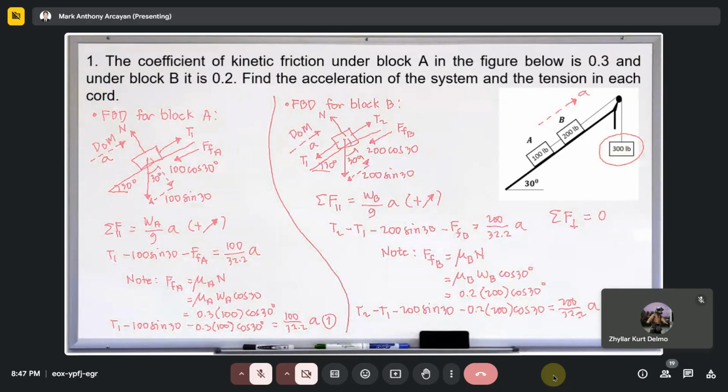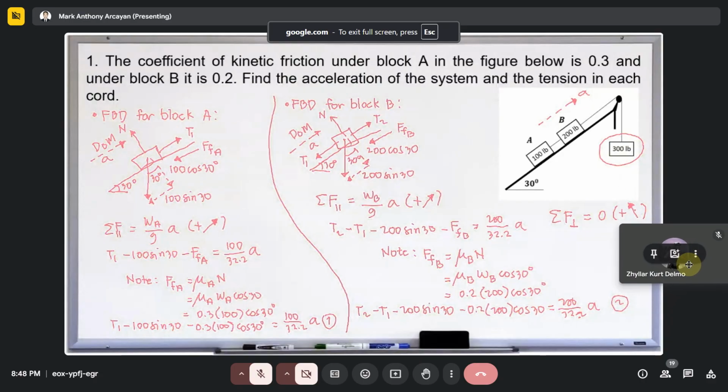So here, applying static equilibrium from our statics, we can put the sign convention positive if it points in the upper direction.